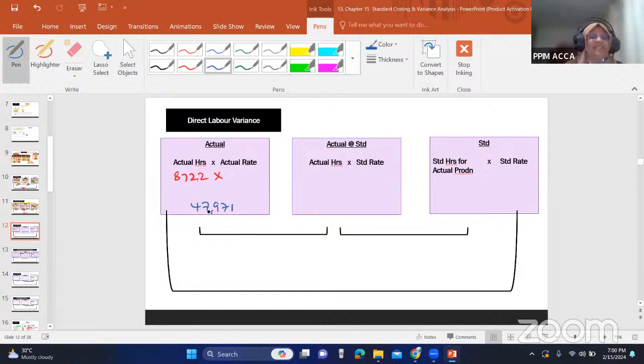Okay, so what this means is for this entire 8,722 hours of labor, we have paid 47,971. So if you divide 47,971 by 8,722, you can get the actual rate, which is 5.5. Per hour, we have paid our laborers 5.5.